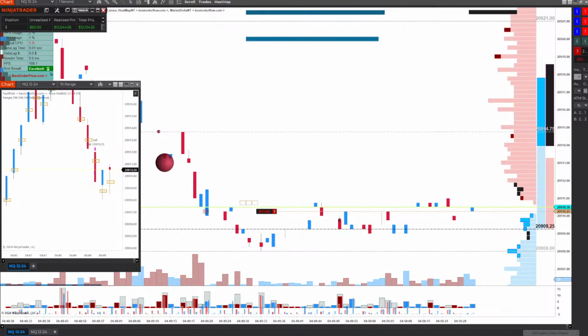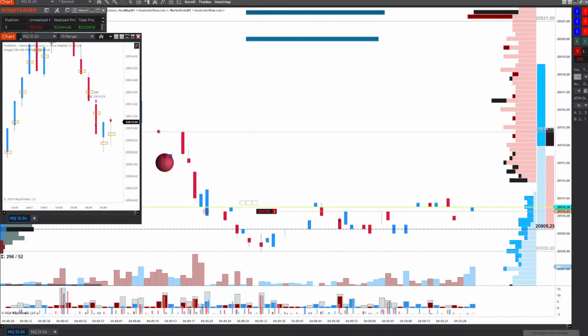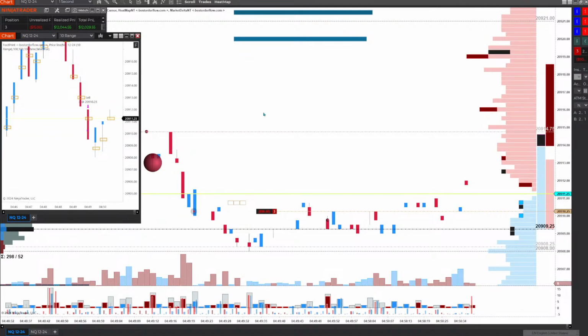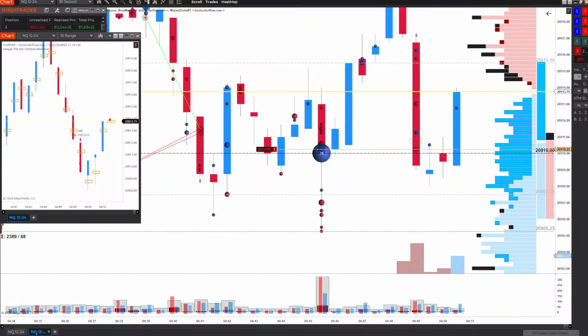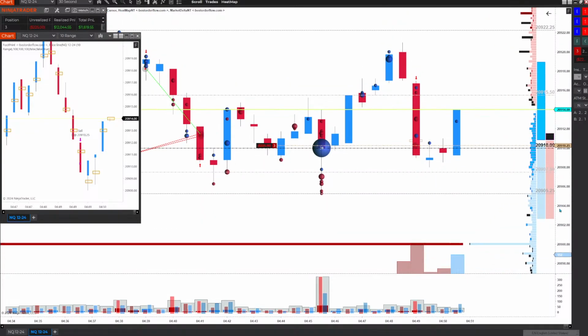This kind of low volatility explains a lot, and it's just like I tell you guys, it's not the best time to trade right now because there are not many participants.